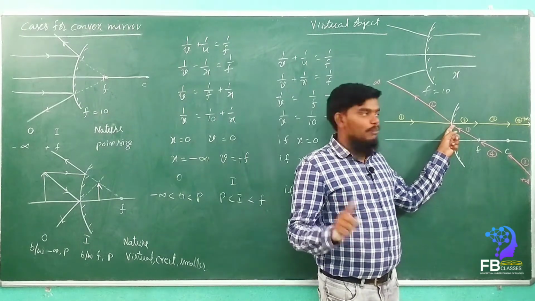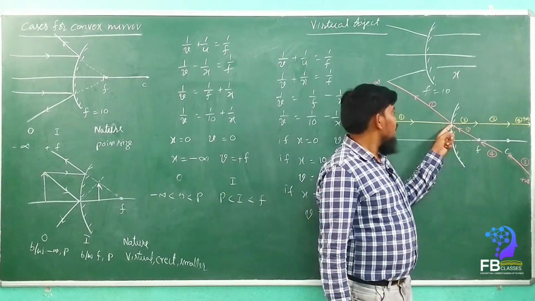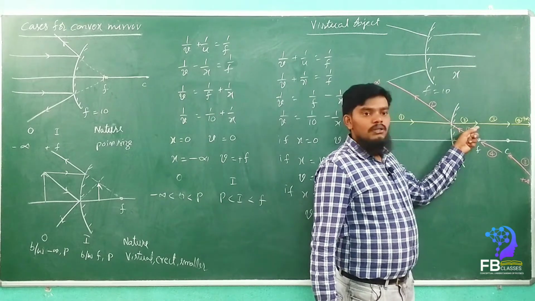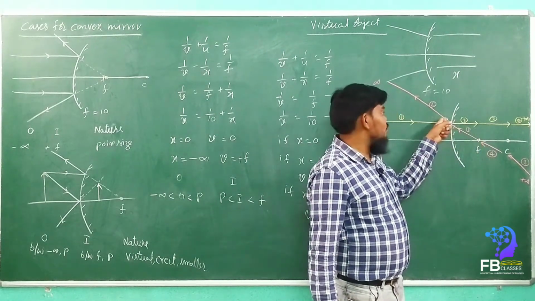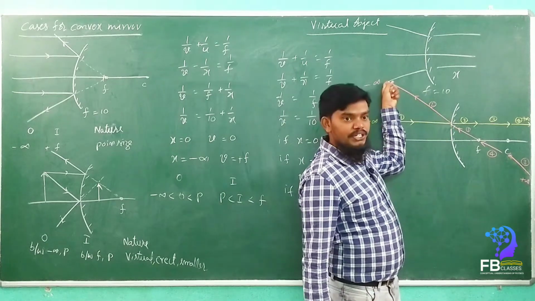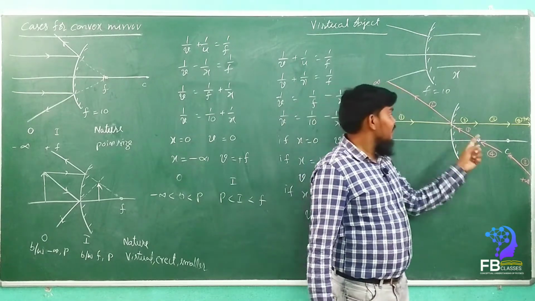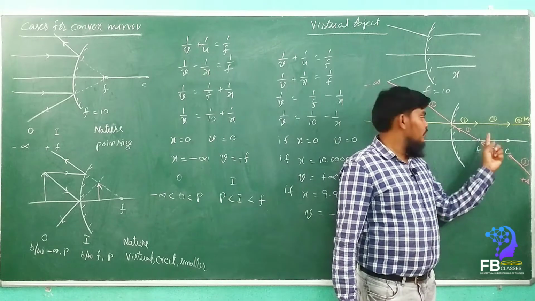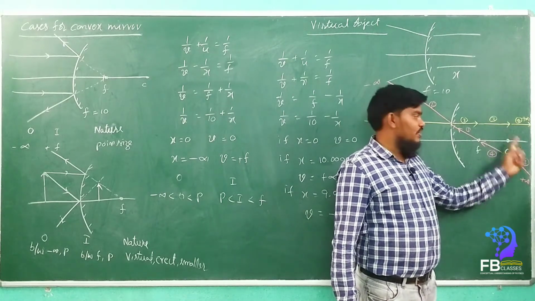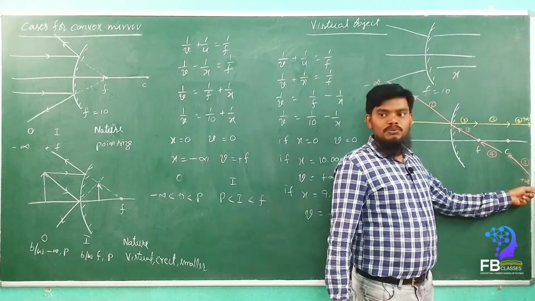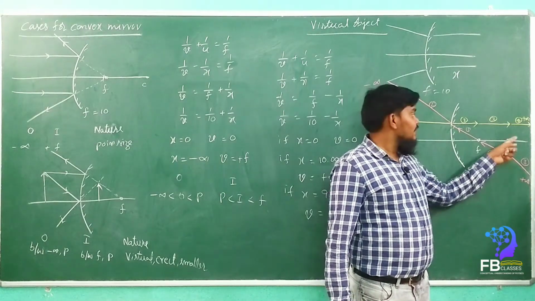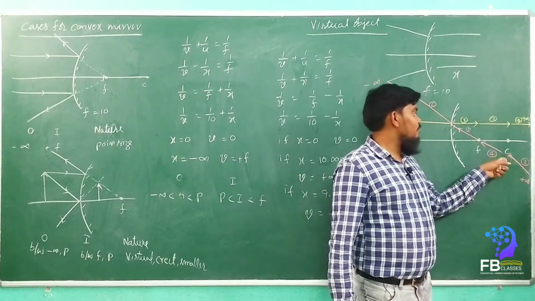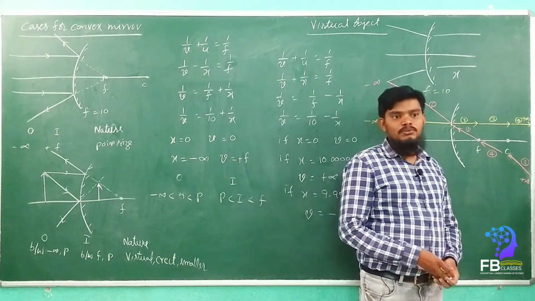Coming to the virtual object, when the object is moved from pole to principal focus, then the image is moved from pole to minus infinity, yes or no? Then when the object is moved from principal focus to center of curvature, the image will come from positive infinity to center of curvature, yes or no? Yes, sir. Then from center of curvature to infinity, the image will move from center of curvature to principal focus.